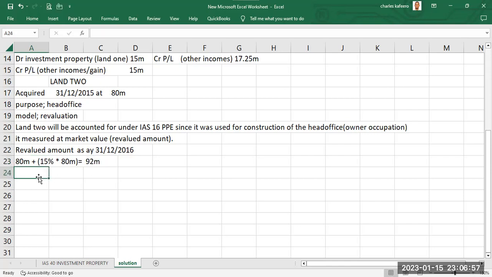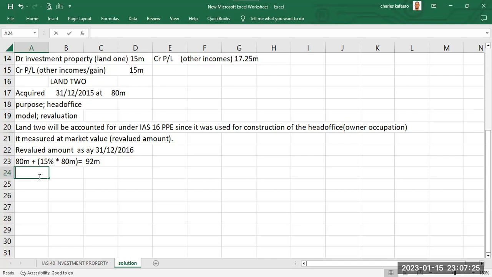Having gotten that, we have to look for another item that we are going to be accounting for in this IAS 16 PPE, which we call either a revaluation gain or a revaluation loss. Since these items have been inflated, we are going to have a revaluation gain.